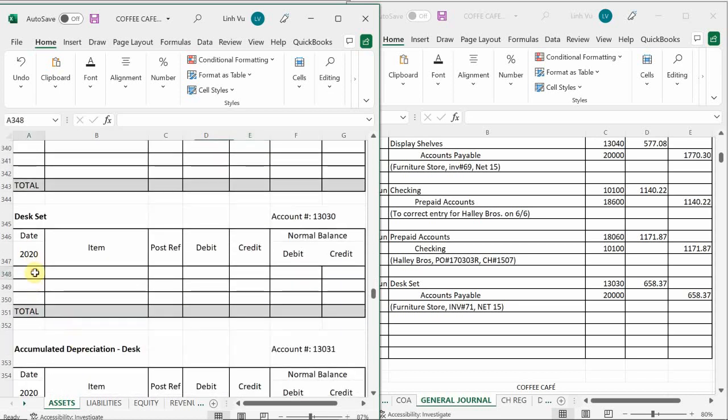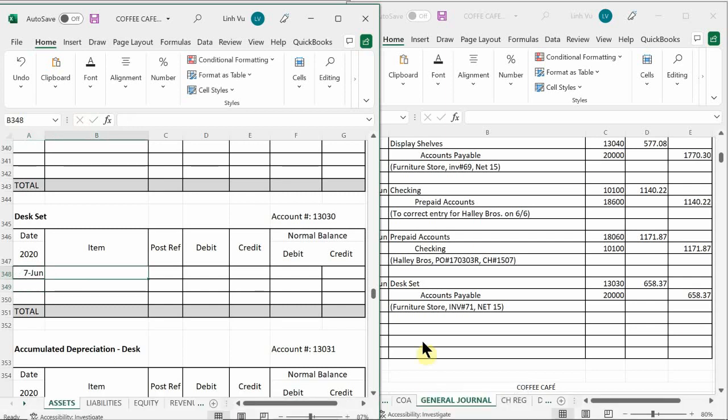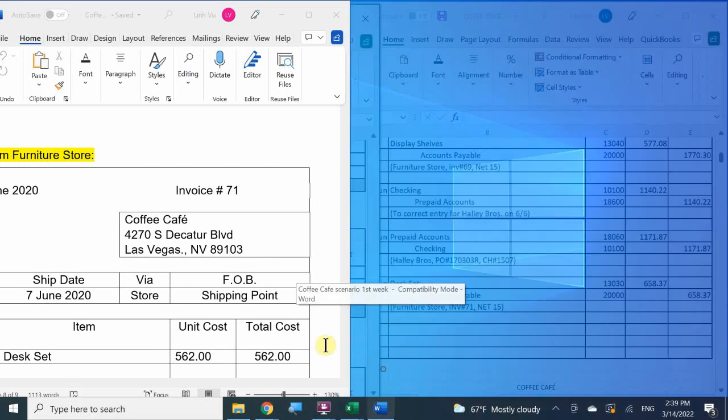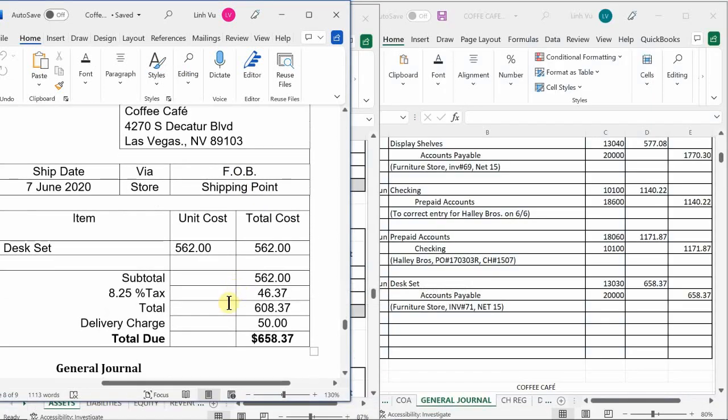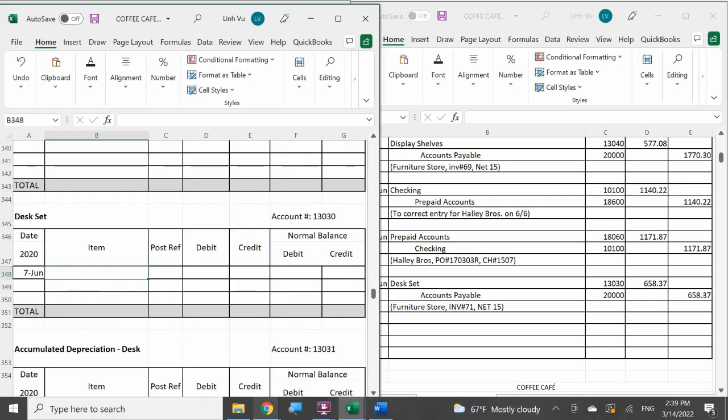I bought a desk set. So here you can type in all your information, such as how much was the desk itself? Cost me $562 plus $46.37 tax.